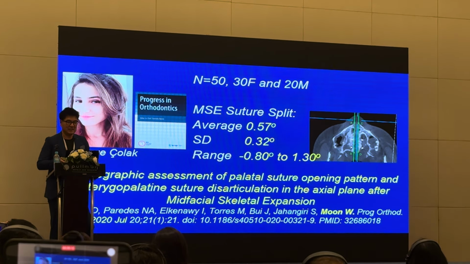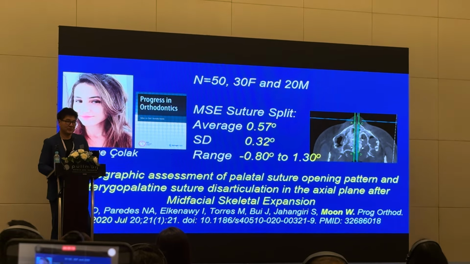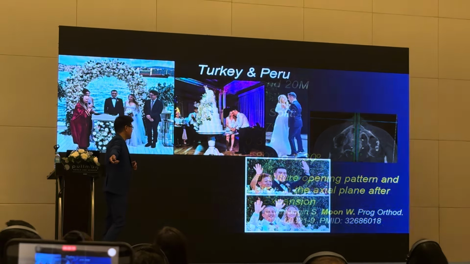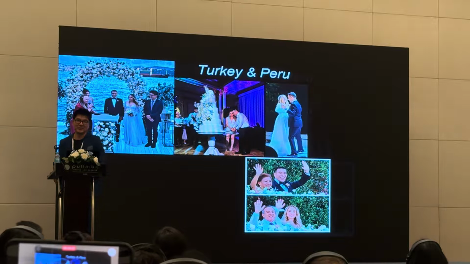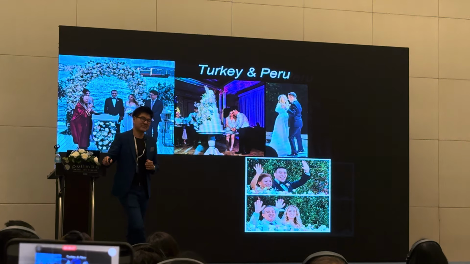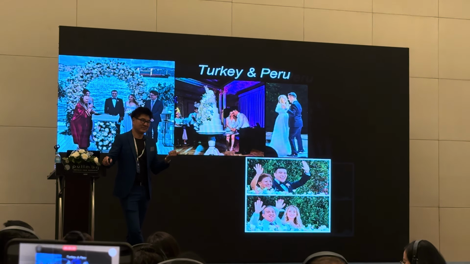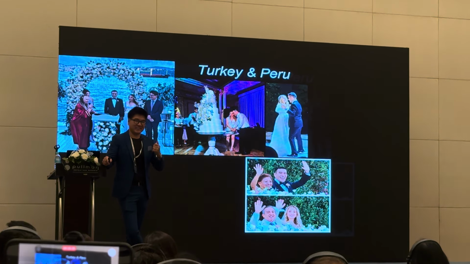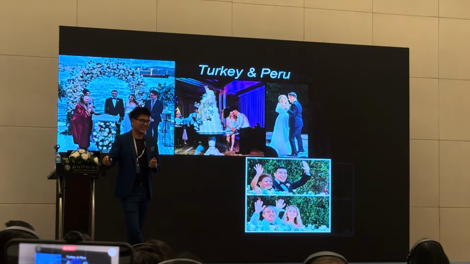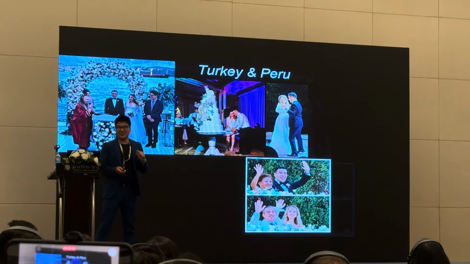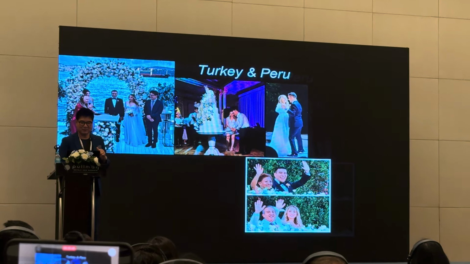Dr. Kola is an interesting lady. She came from Turkey and started working in my lab. And then she met her husband, who is from Peru. Can you imagine the difficulty in their relationship? She's a Muslim, and the Peruvian is Catholic. Could a Muslim marry a Catholic? Impossible. It was a very, very bad struggle. But eventually, love won. In Moon Lab, we call my lab the United Nations.